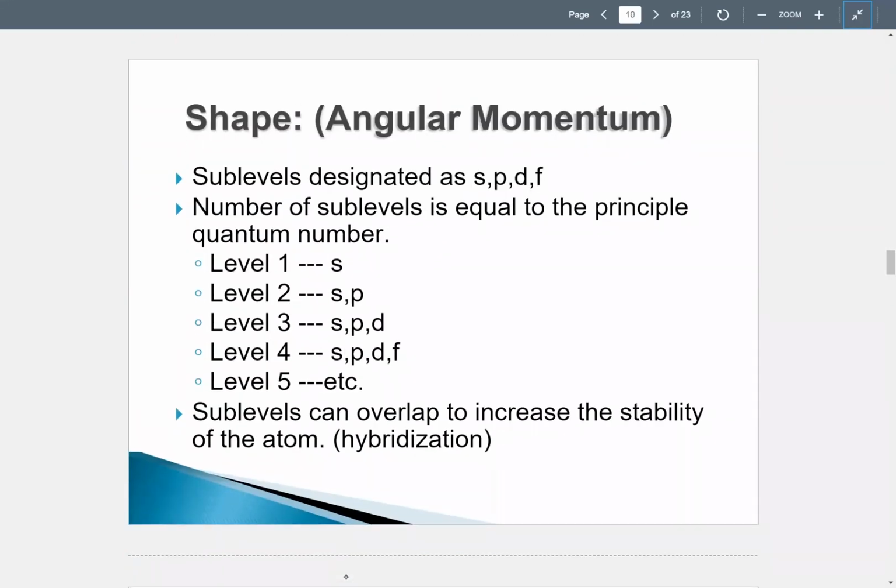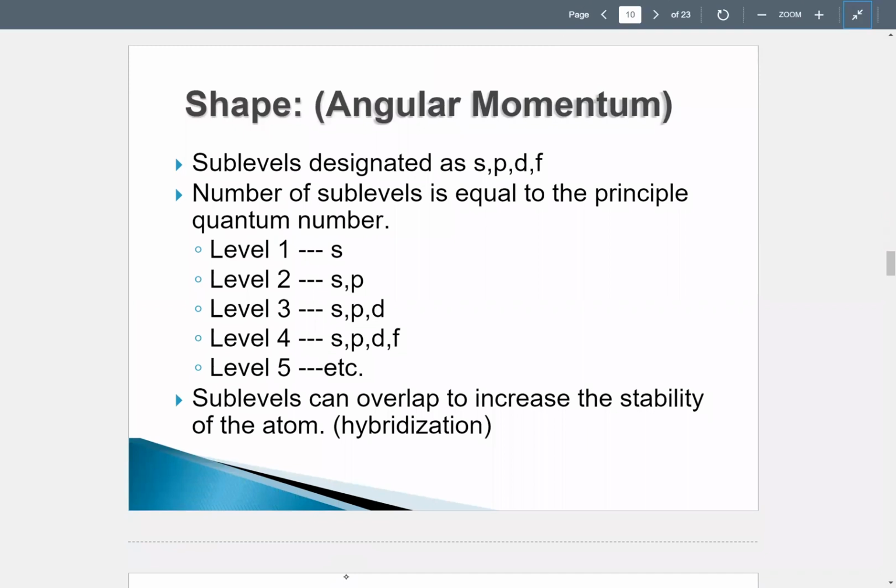And then we get what we call the shape. So the shape of each energy level is going to determine about how many electrons can fit in there. So for the first energy level, we only can fit 2, and so we can only fit 1 shape. But with the second energy level, 2 squared is 4 times 2 is 8. We can fit 8 electrons.